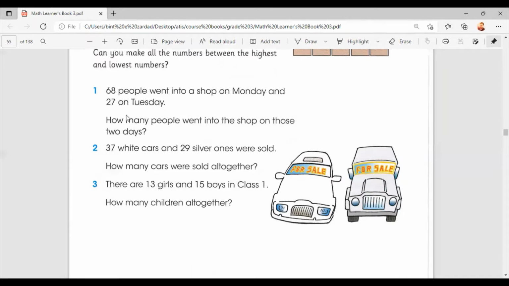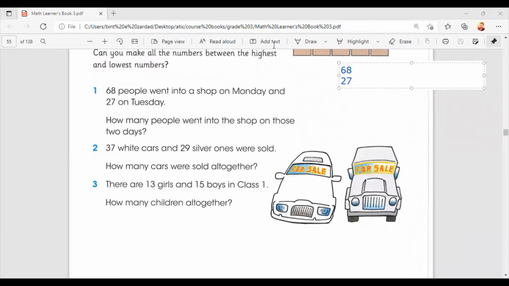So 27 plus 68. You can also use your calculator.